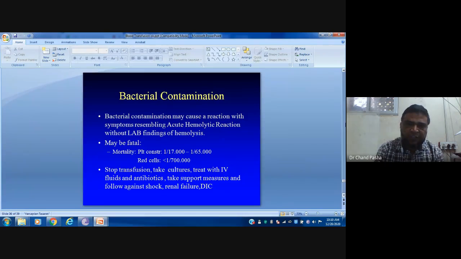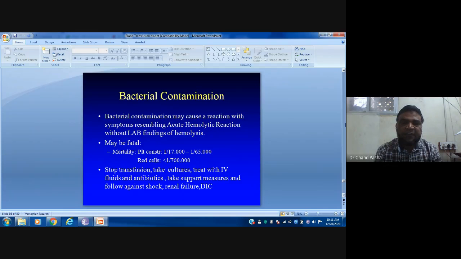And bacterial contamination. Sometimes the hemolytic reaction may be due to bacteria. Staphylococcus aureus and Streptococci are known to cause lysis of RBCs. In such cases it may lead to mortality, the death of the person also, so you are supposed to stop the transfusion.